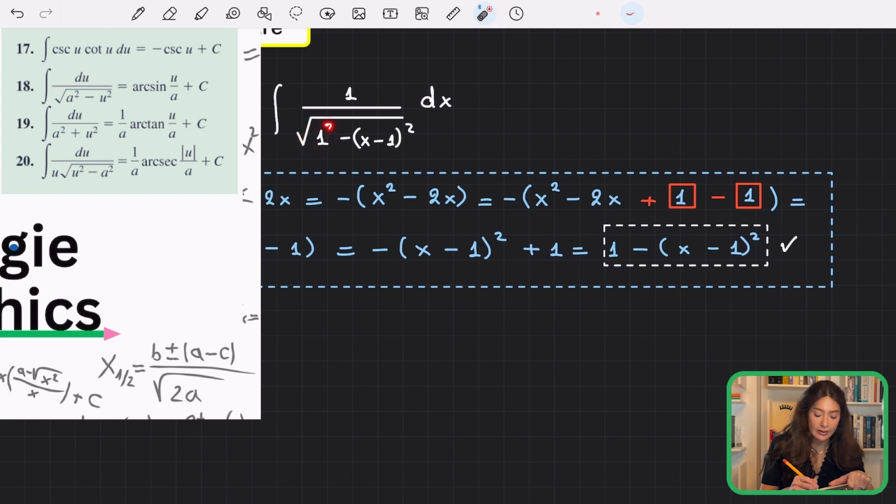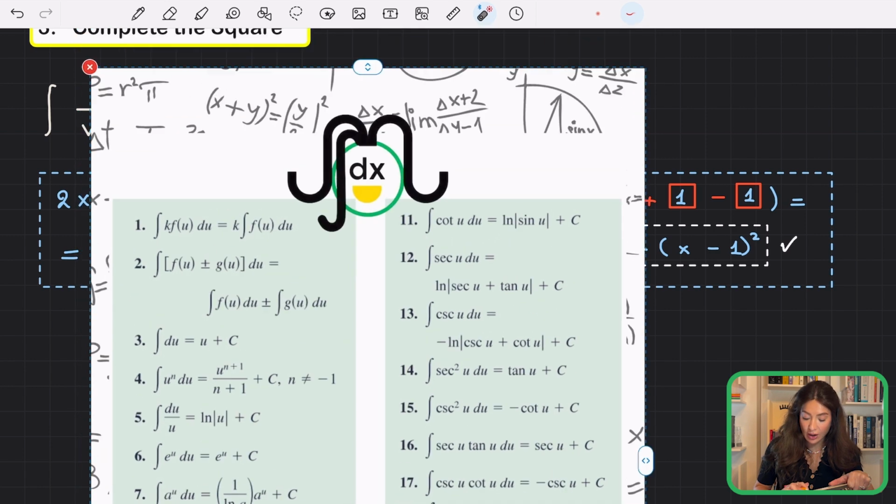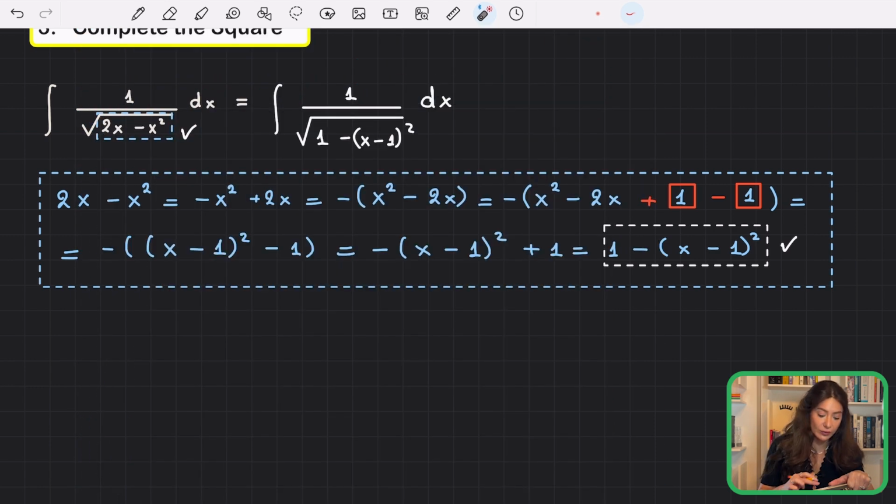So this is 1 squared, that would still be 1. Some variable squared minus, some constant a squared minus a variable squared. For us, that's x minus 1 squared. But 1 doesn't have a little variable popped there the way that we started, and that is arcsine x over a, or u over a.